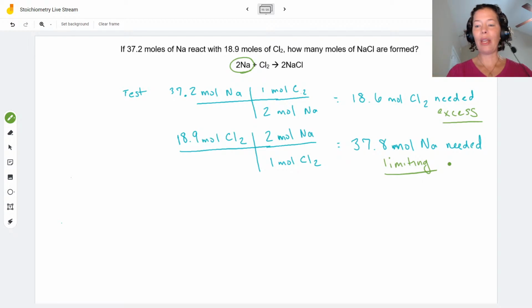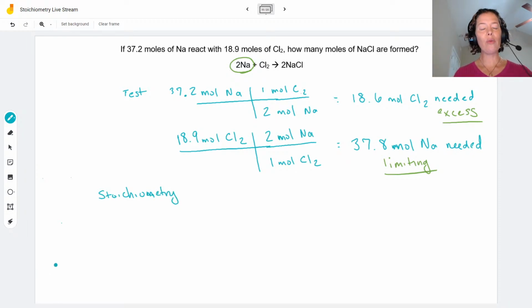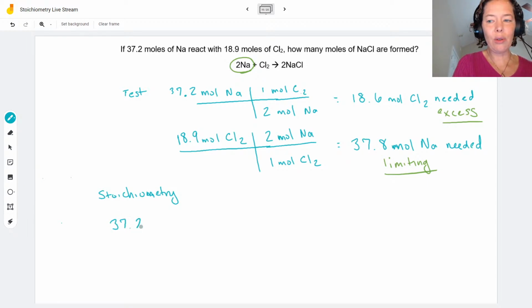Okay, so now that we are confident that we have identified our limiting reactant or our limiting reagent, we are going to do our stoichiometric calculation. All right, so I'm going to start with my moles of my limiting reactant, which is 37.2 moles of sodium.